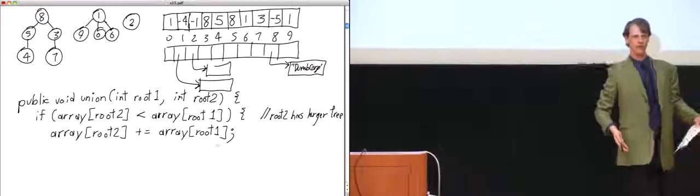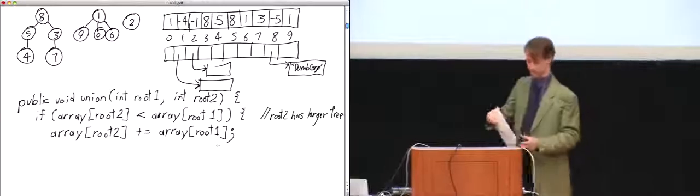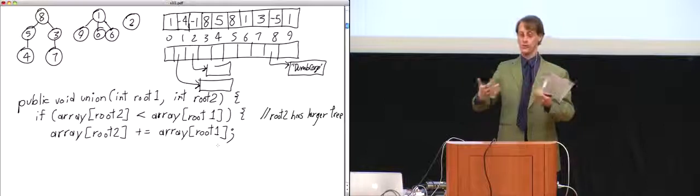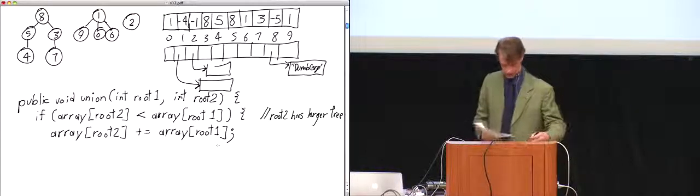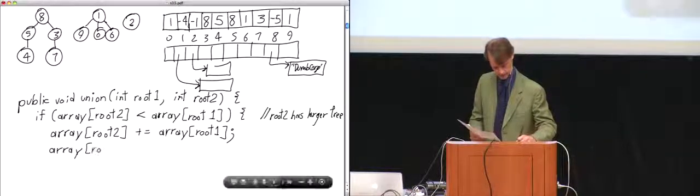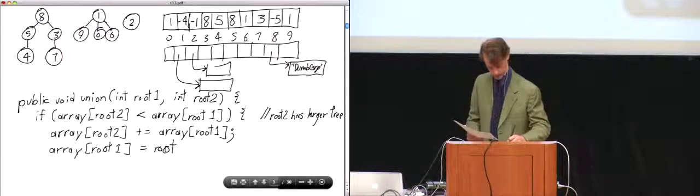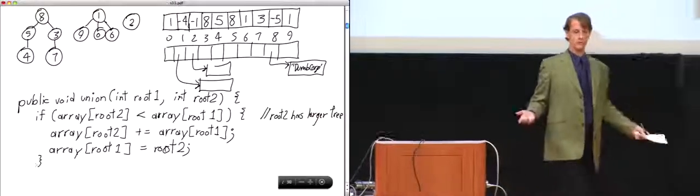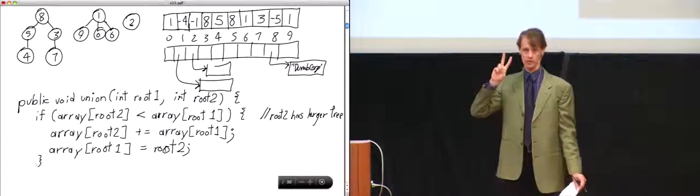It takes the old value of array root 2, adds array root 1 to it, and then stores it back in array root 2. So what this is doing is adding the sizes of the two trees, and that's the new size of the tree rooted at root 2. And then we make root 1 point to root 2 as its new parent. That's all you have to do to unite two trees together in that case, those two lines of code.